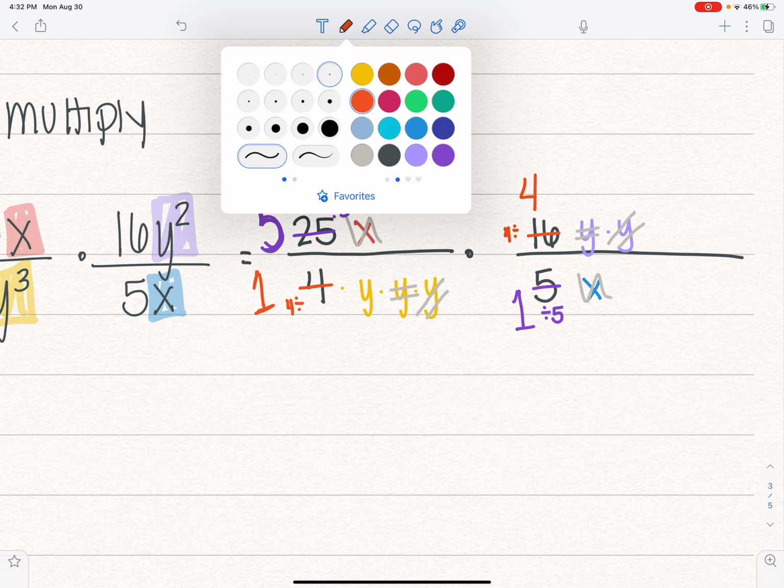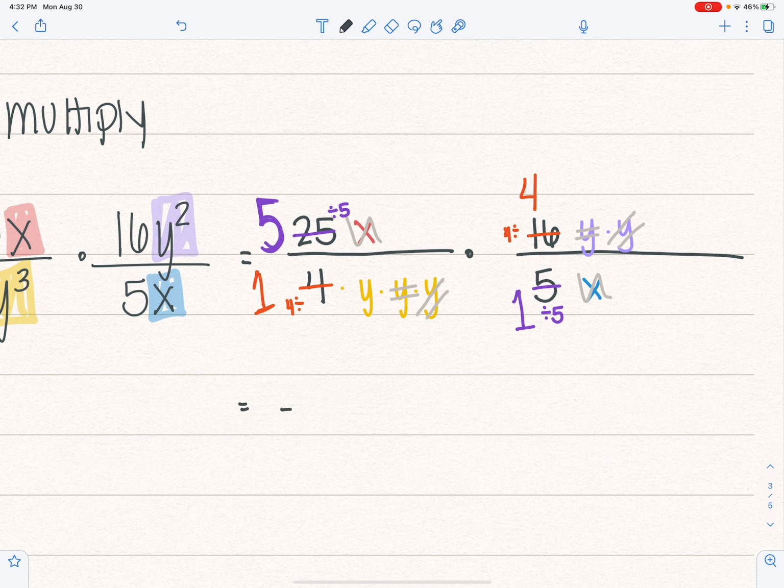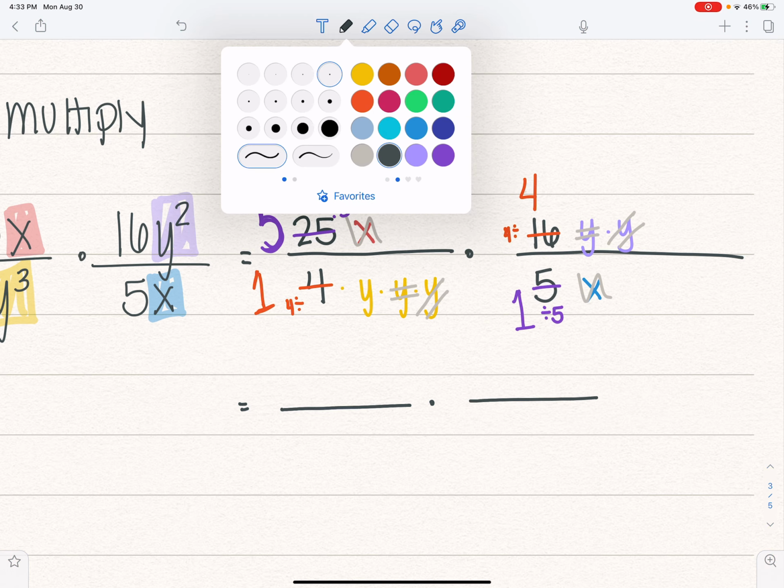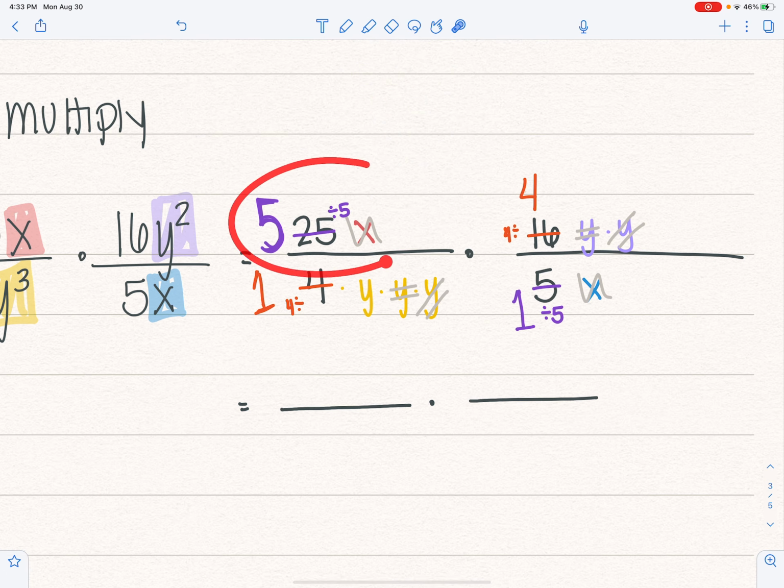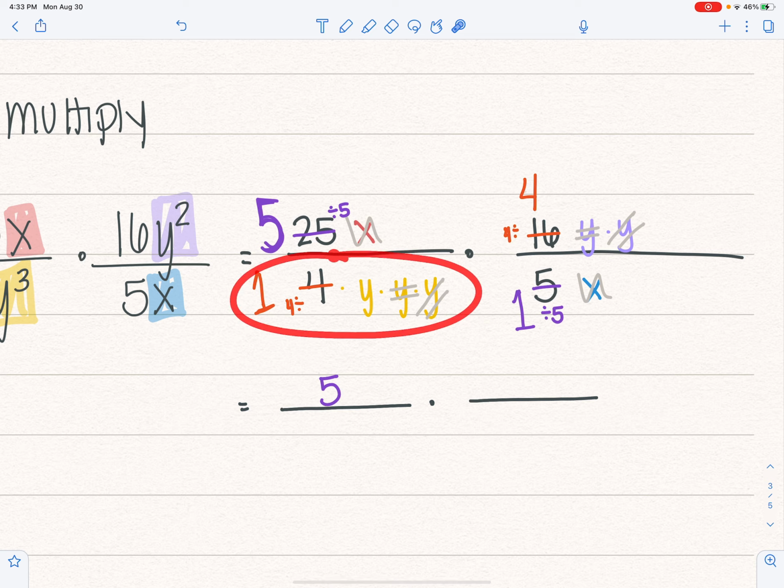I like to do a little step in the middle where I write everything that's left behind just so I don't forget anything. So on the top left, I'm left with just a 5, and I'm going to write that down. On the bottom left, I'm left with a 1 and a y, so I don't need to write the 1. I can just write this as y.